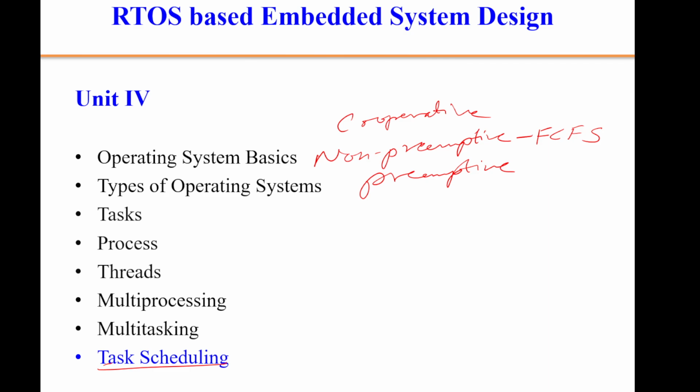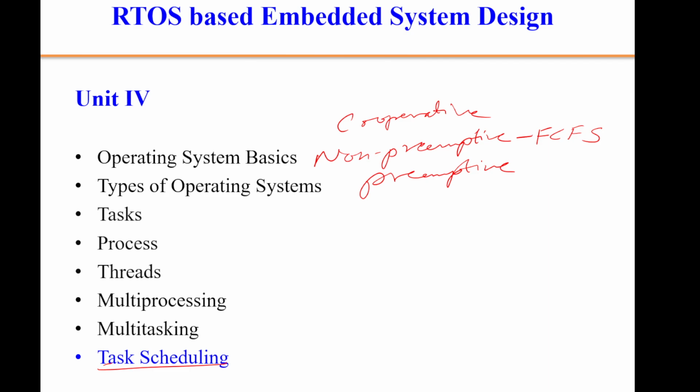That is the difference between cooperative and non-preemptive. In cooperative, the process has to depend upon the other process which is currently executing, and in non-preemptive scheduling, the process gives up service whenever it is not using the CPU time.